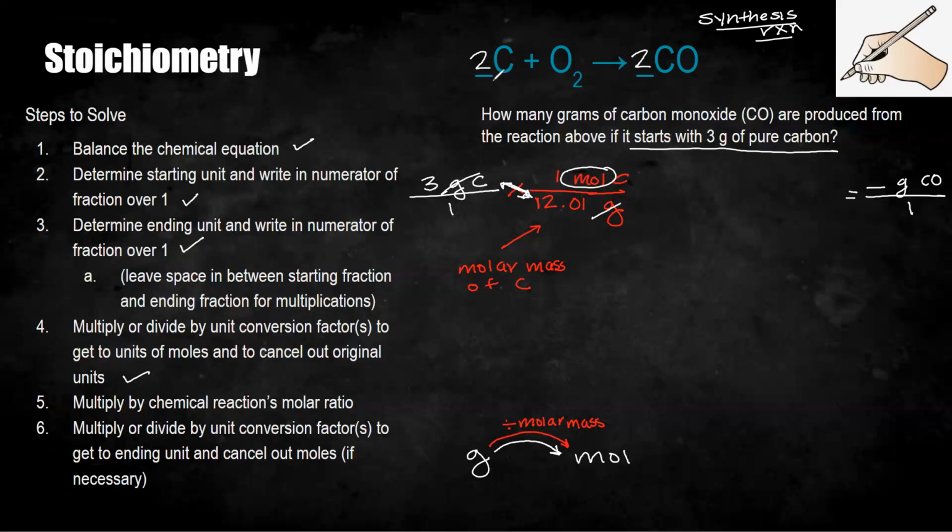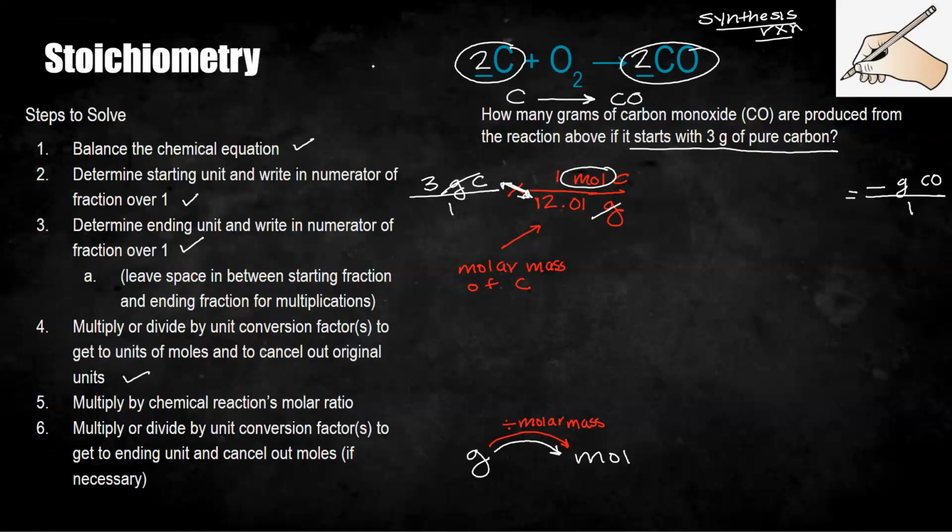So in this chemical reaction, we are starting with carbon, and we are trying to use the amount of carbon we have to determine how much carbon monoxide we're going to have. So what I'm going to look at is how many carbons I have for every carbon monoxide atom in this chemical reaction. You can see I've got 2 carbons, and that is giving me 2 carbon monoxides.